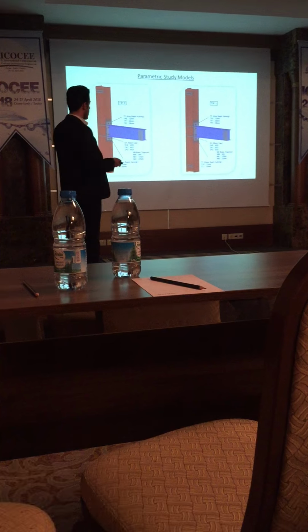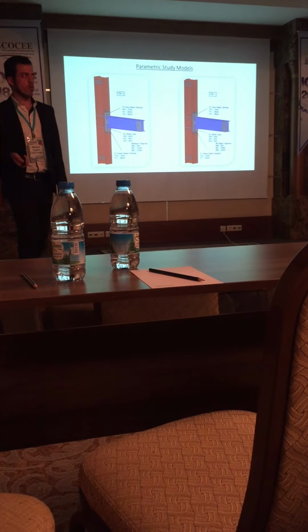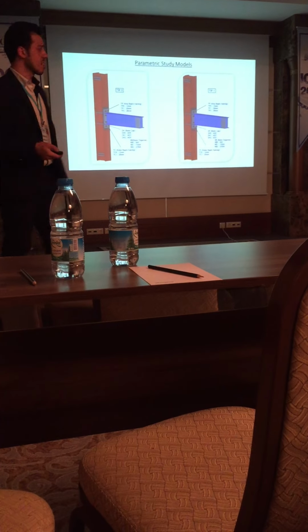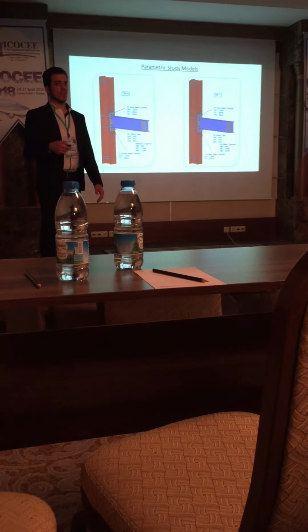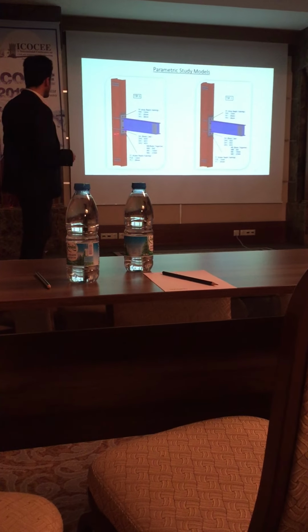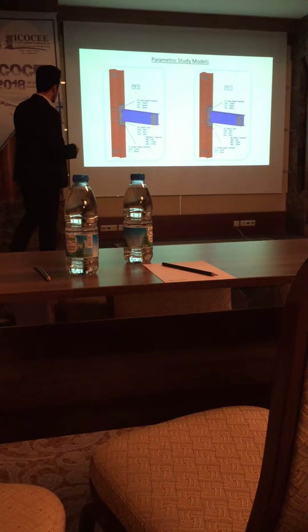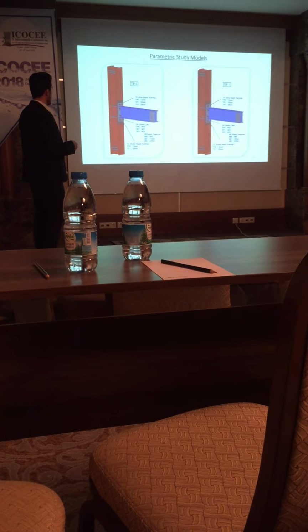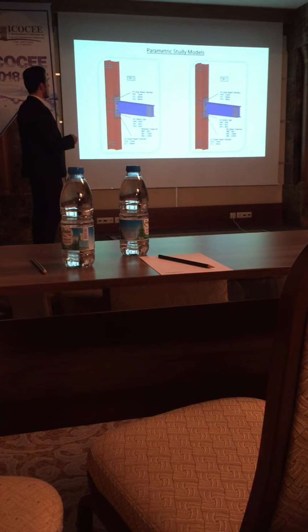And this is our parametric study models. As I told you, our main focus is connections. So we made 5 different connection types. As it's here, one is nothing, but it also has more combinations. Like in this one, this part is changing, the thickness of plate.